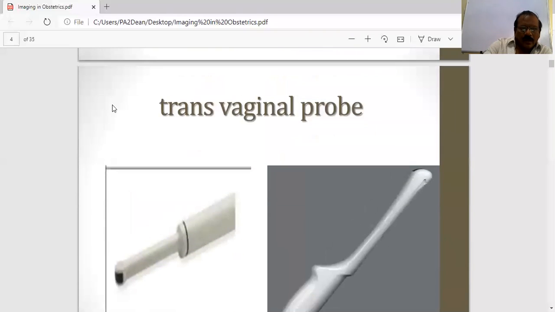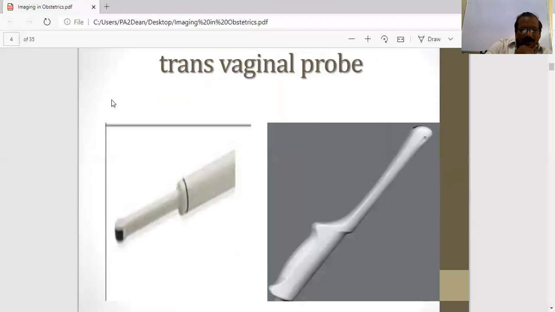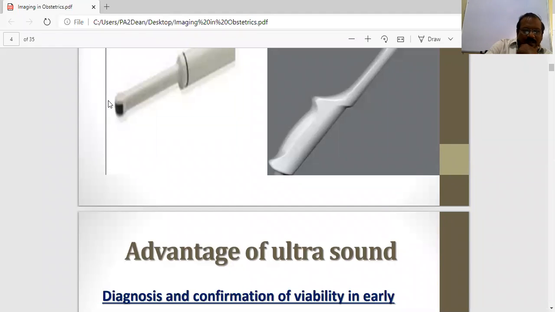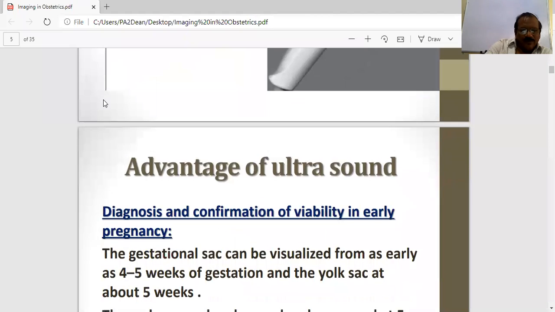These are the transvaginal probes. They come in different angles, 90 degrees, 120 degrees, 60 degrees. According to the radiologist's preference, they use whichever angle is convenient to them.